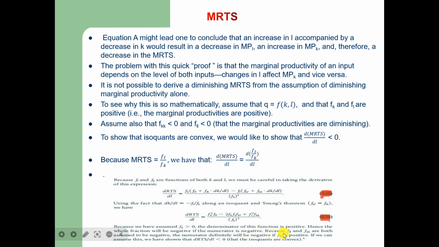Because the second order partial derivatives with respect to labor and capital are both assumed to be negative, the numerator definitely will be negative if the second order cross partial derivative is positive. And if we can assume this, we have shown that the change in marginal rate of technical substitution with respect to labor is less than 0. That is, the isoquants are convex to the origin.